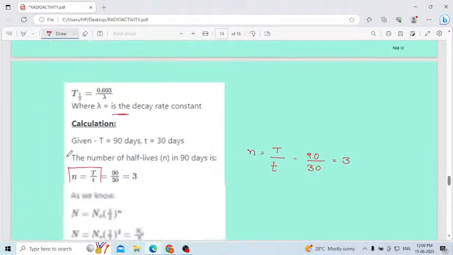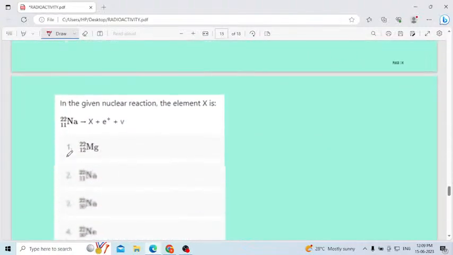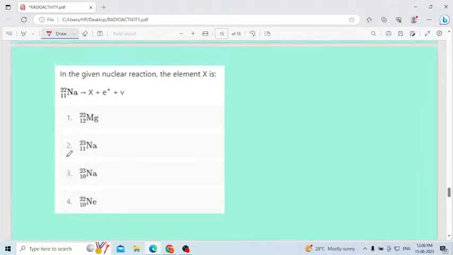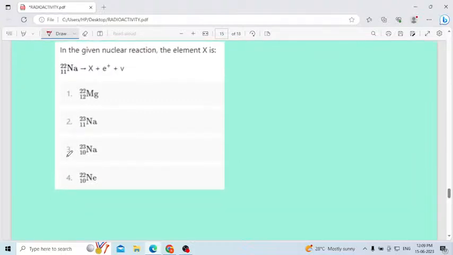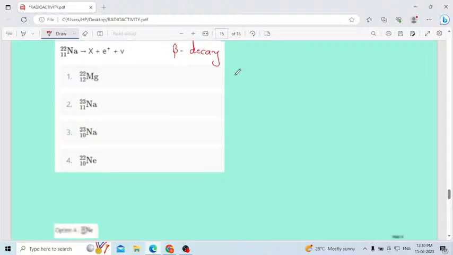Interesting questions. Okay, practice. Easy question this one. In the given nuclear reaction, the element X is, this is an anti-neutrino. In which case will it come? It will come in beta decay only. Neutrino, anti-neutrino, everything will come in beta decay.